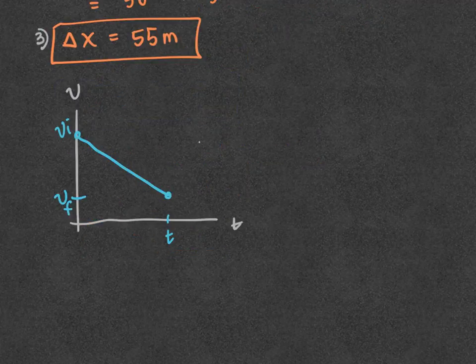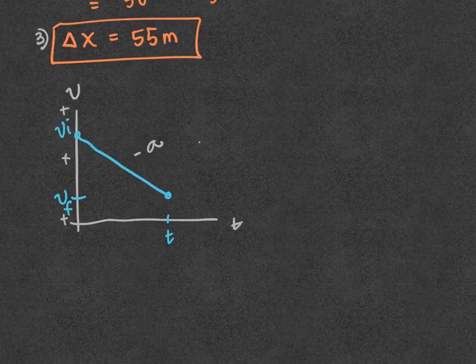Now let's consider another case where the initial velocity is actually greater than the final velocity. From before, we have discovered or determined that the acceleration is the slope of the line, and this slope is negative. So we have a negative acceleration, and the velocities are all on the positive side of our graph, so the velocities are positive.